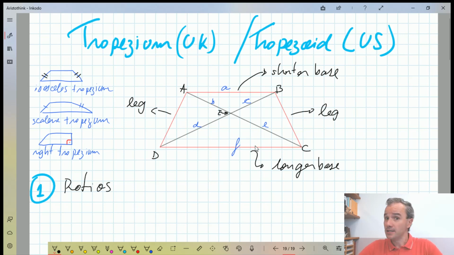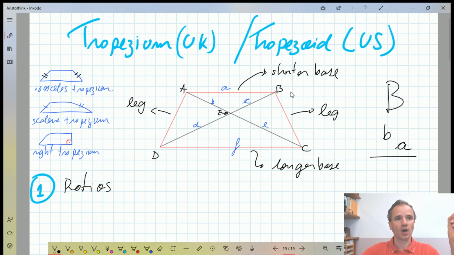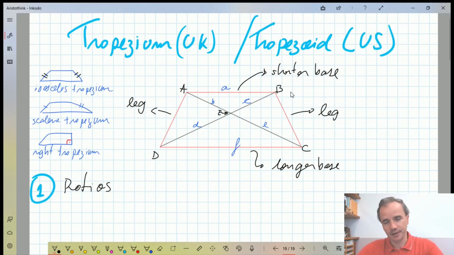Now, something that we have to talk about in geometry. When you're talking about points, we use a capital letter like this. And when we are talking about segments or lines, we use the small letter. And for angles, we use Greek letters, like this is alpha.